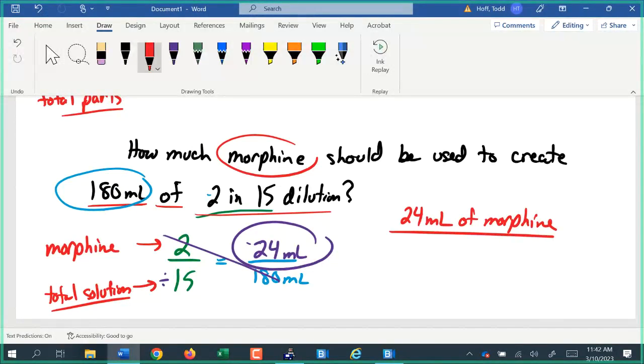So we would fill with normal saline, NS, or sterile water, to 180 milliliters. So you'd put the morphine in the solution first, and then you would fill, stirring so that the morphine dissolves as it's able, with NS to 180 milliliters. So again, this is a case where we can't necessarily just subtract.